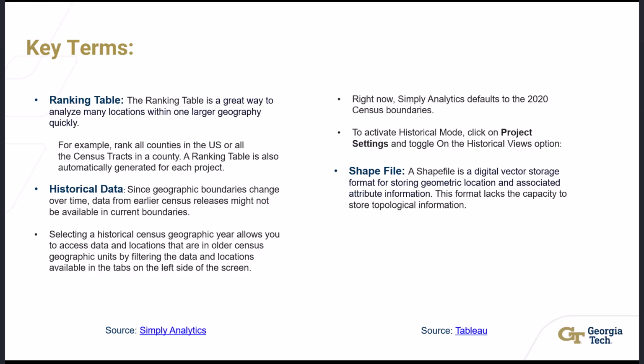This excludes topological information. Tooltips, called the eye tool in Simply Analytics. The eye tool provides additional details that will appear when you rest your pointer or cursor over one or more marks or areas in the project view.